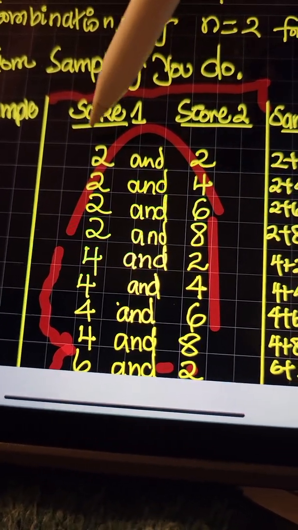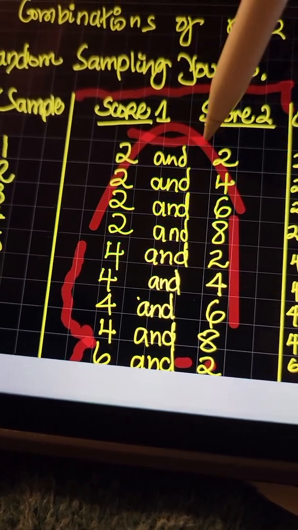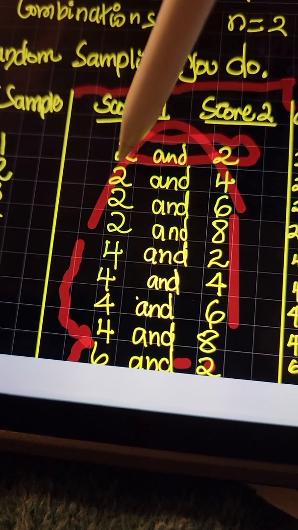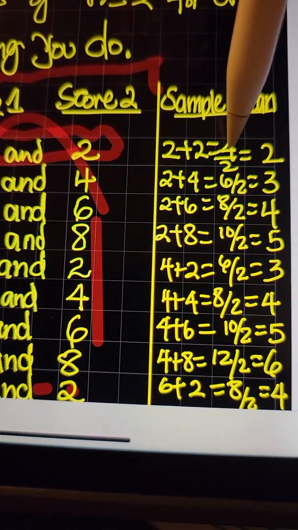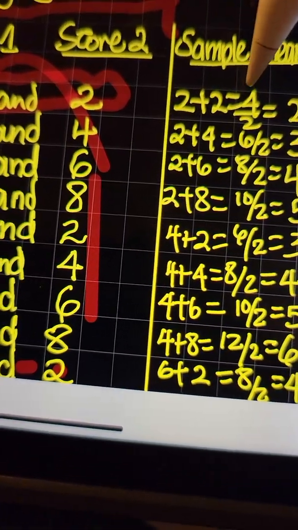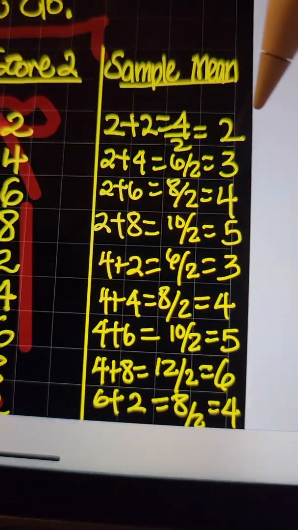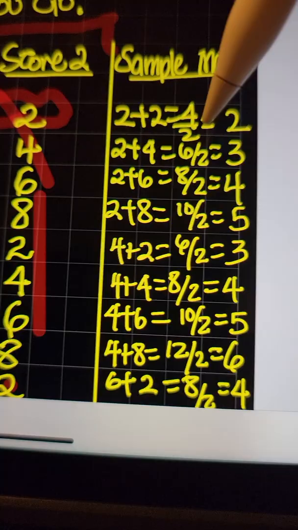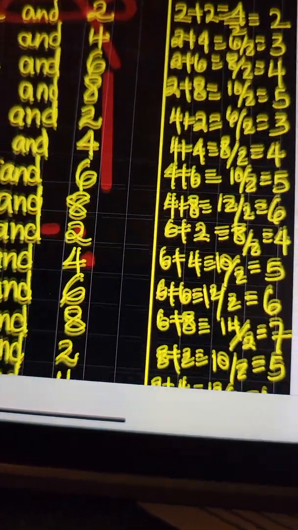Every time you want to find a mean, what do you do? You add the 2 numbers together, and that's what they are doing here. 2 plus 2, you get a 4. Then you divide by the number of scores, which is 2, and that is exactly what they have done for all these samples.